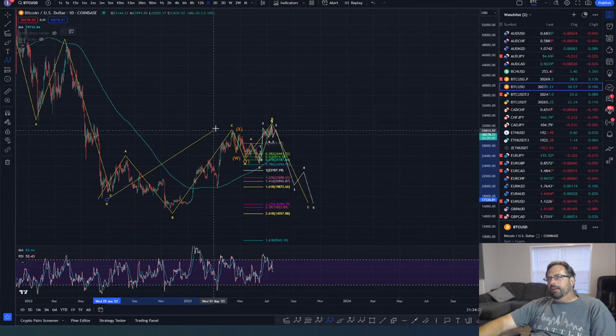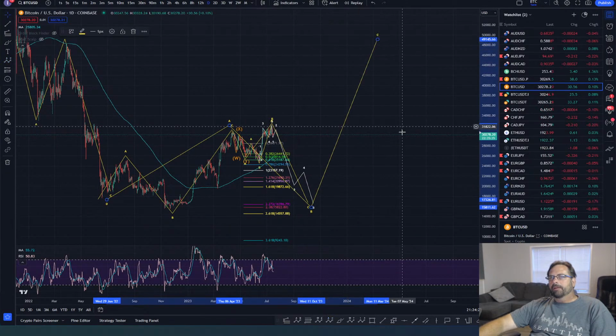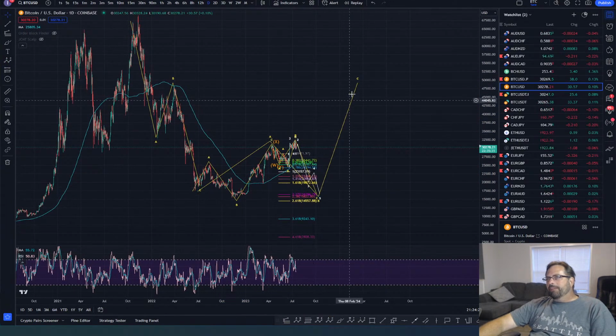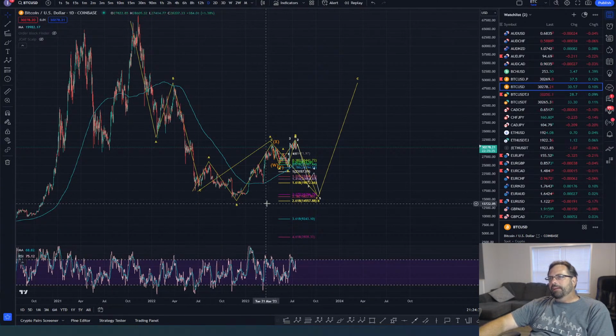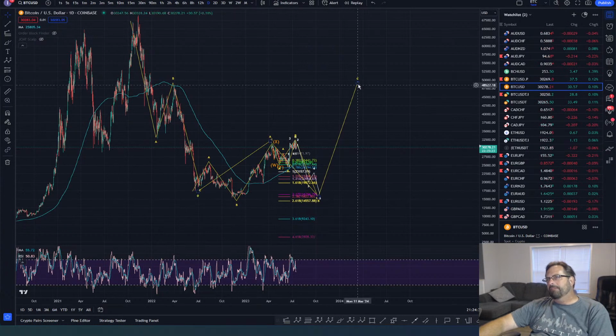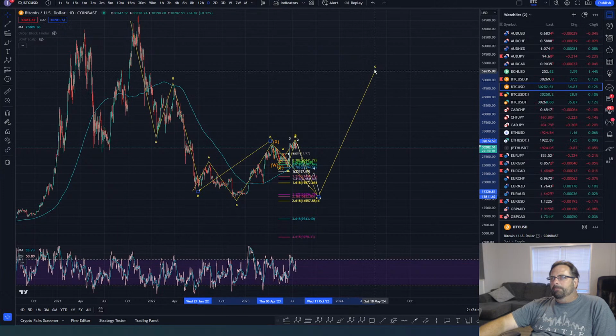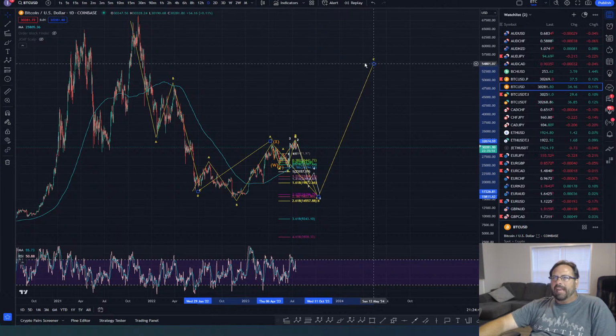You've got A, B, and C. Then all of a sudden, this 3-wave move makes sense as correcting this larger 3-wave. You got this 3-wave straight down, and then you get this corrective wave, this B wave or an X wave back to the upside, retesting 50K, 60K even.